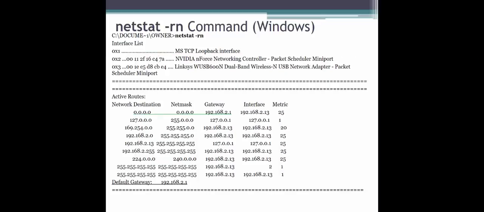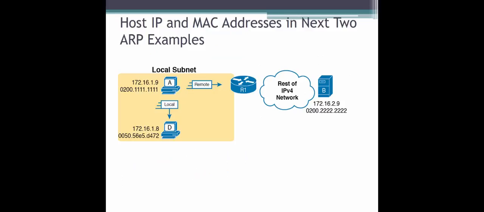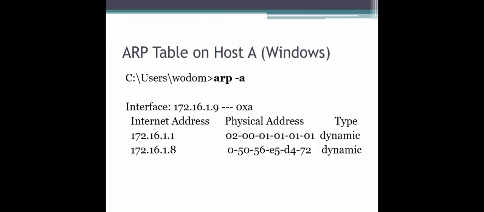Alright, so moving forward is how do we get MAC addresses locally? We get them via ARP, Address Resolution Protocol. And we can get them both locally and remotely, like if we need to leave the network, we're going to get the MAC address of our router. And we do that by going to the command prompt and typing arp -a.